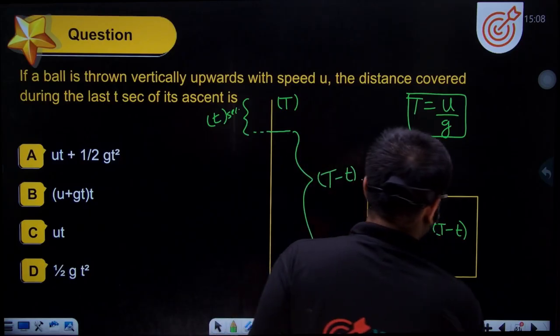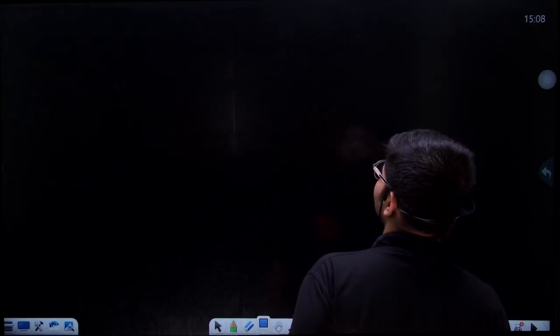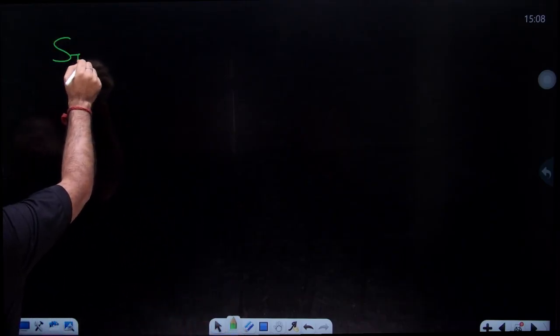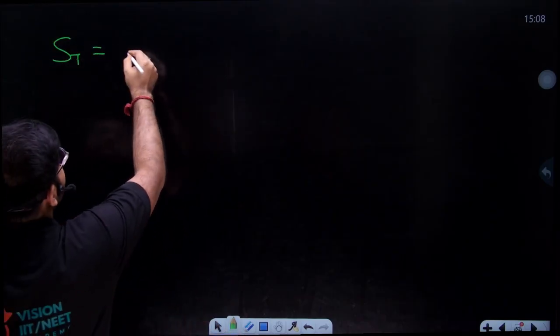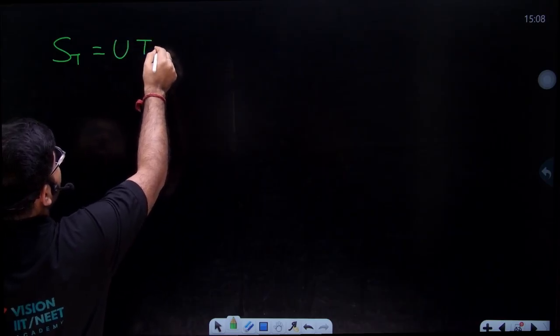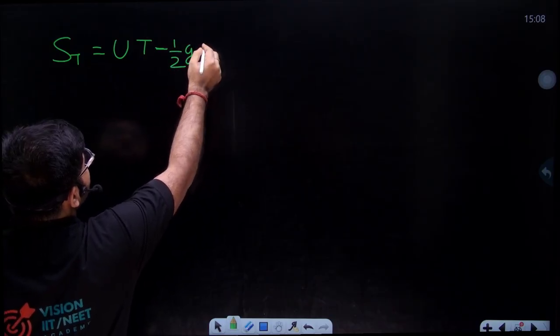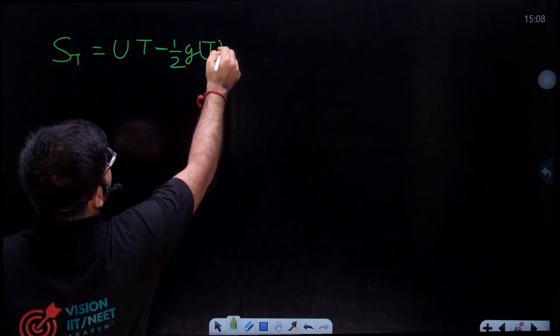Now we are going to put the value. So my St becomes ut minus half g t square.